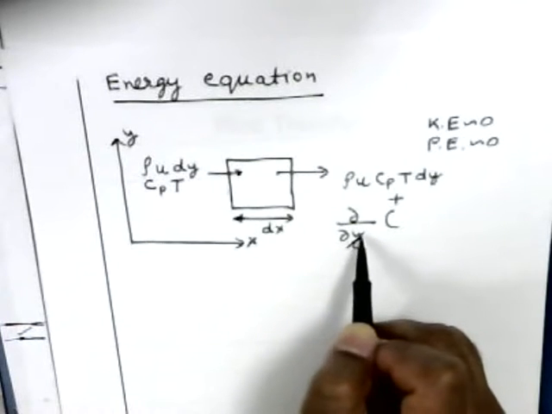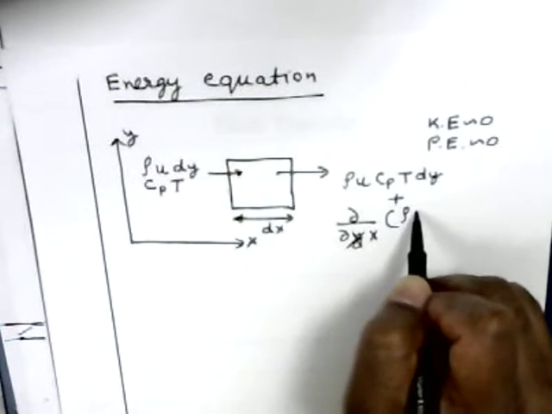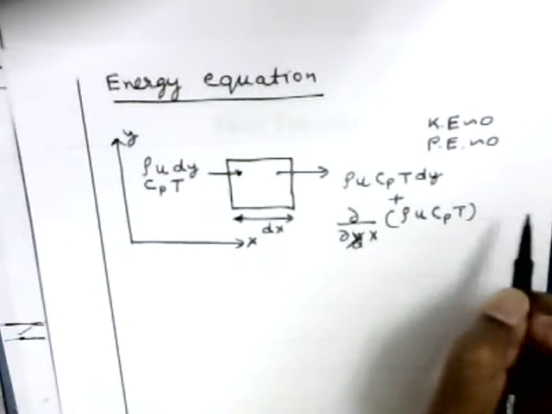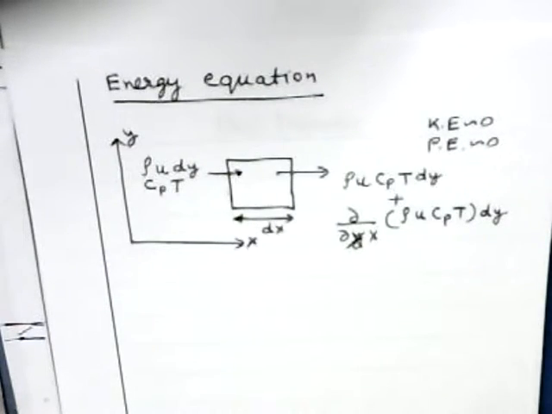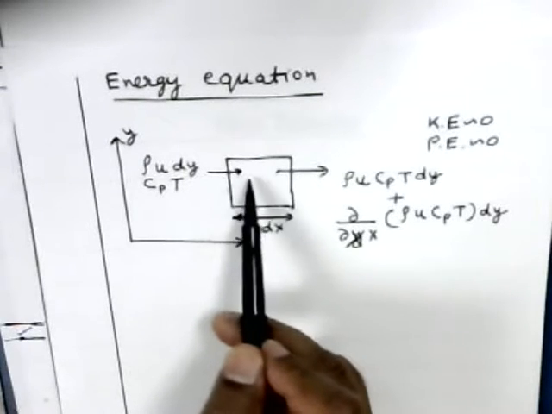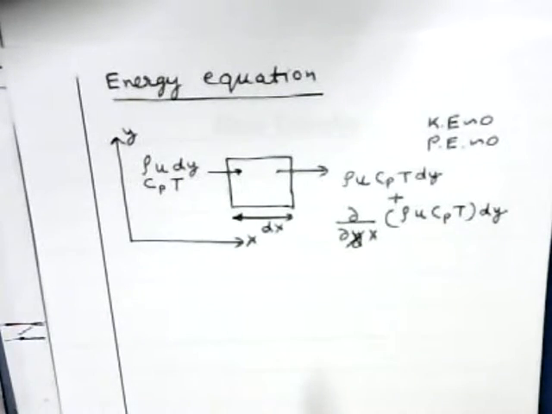So it will be del by del x of rho u cp T dy. So this is enthalpy that is advected from this face, and this is enthalpy that comes out from the right face.